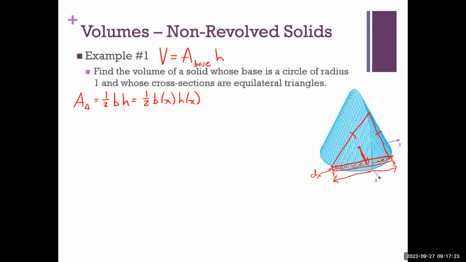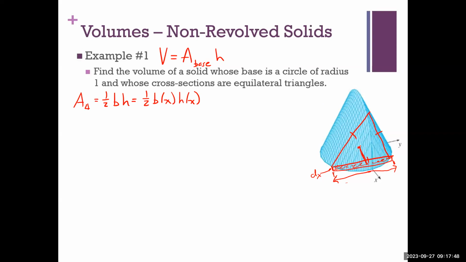But if I'm treating this as the base, look at the way that I drew that line with the arrowheads on it. What direction is that spanning? That's spanning the y direction, right? So the first thing I'm going to do, just to build up to this, is express that base distance in terms of y. Can we do that first?